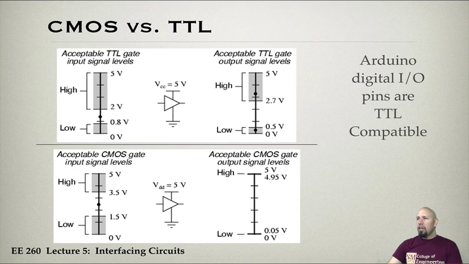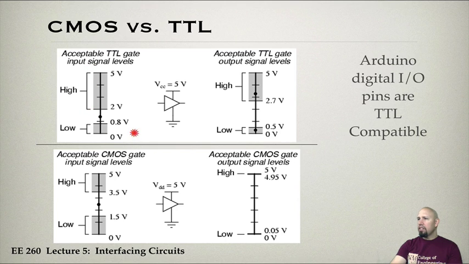Okay, suppose we want to then connect up digital to digital. CMOS is one form of digital technology. TTL is another form of digital technology. TTL basically has these acceptable ranges.